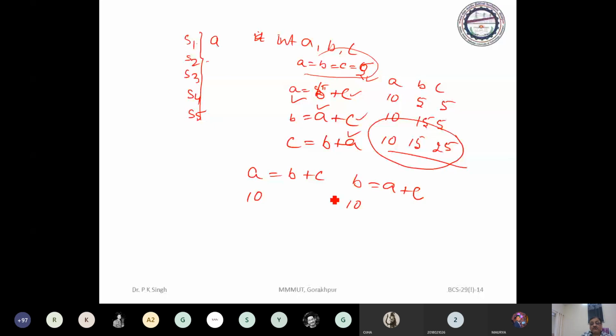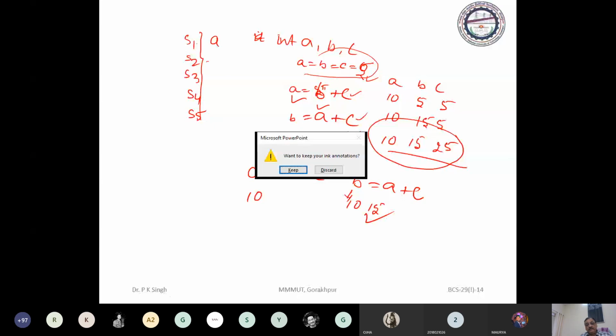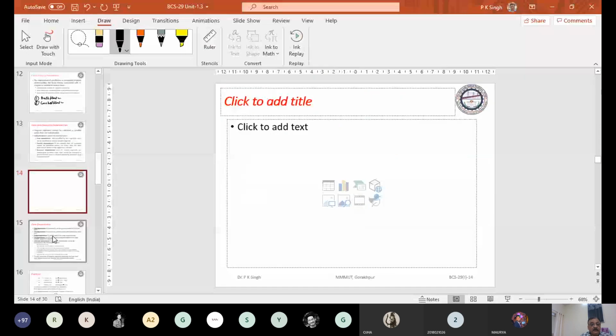So you will lose the semantics. The semantics of your program says the value here should be 15. This is due to data dependence. This is called the data dependence structure of the program.